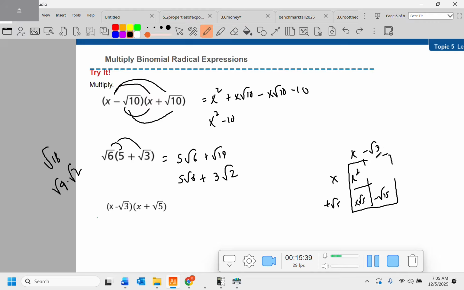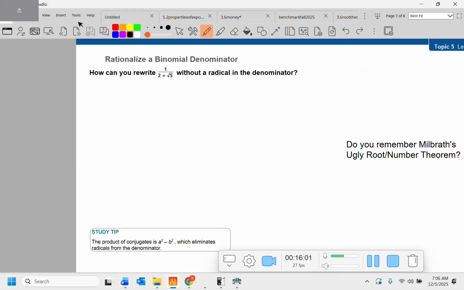That was supposed to be take away x root 3. Now, you can't actually put any of these four pieces together. You got x squared minus x root 3 plus x root 5, and then minus root 15. And you can't actually put any of those pieces together. So that one kind of just got worse.